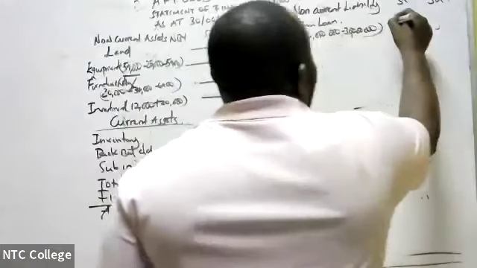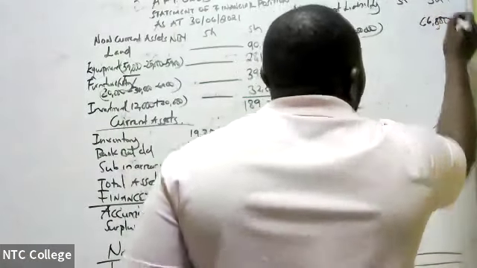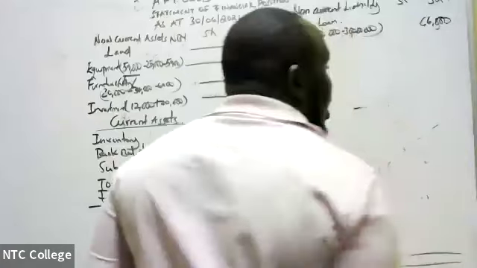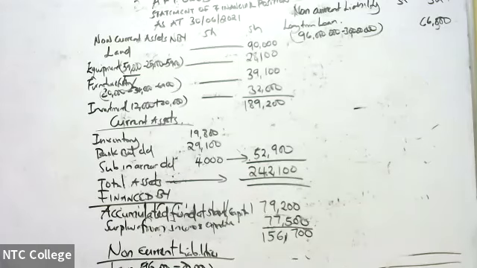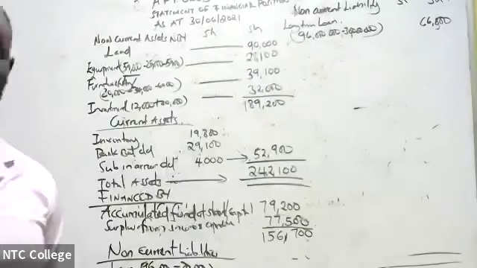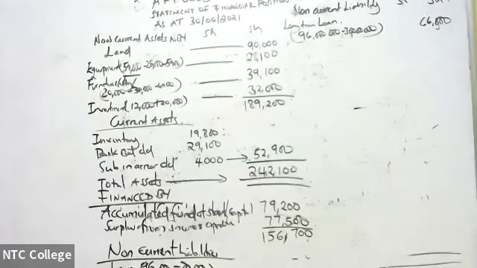Then I'm asking Mercy a very fundamental question. Tulitoa interest on loan, Mercy, as an expense in income and expenditure. Did you remove interest on loan? Send me a picture.